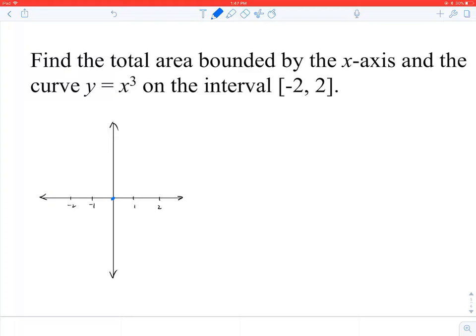We know x cubed passes through the origin, then -1, -1, 1, 1. And then it goes down to -8 when x is -2 and +8 when x is equal to +2. So it looks something like that. The interval from -2 to 2.